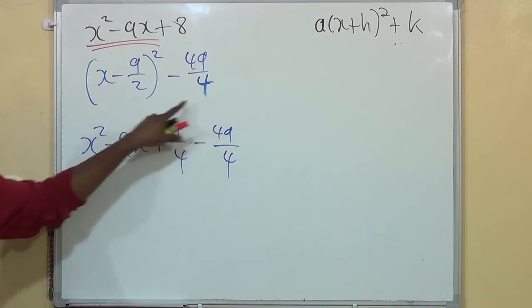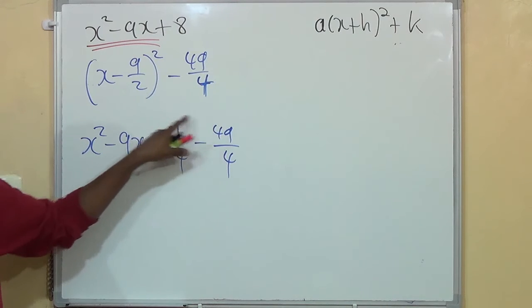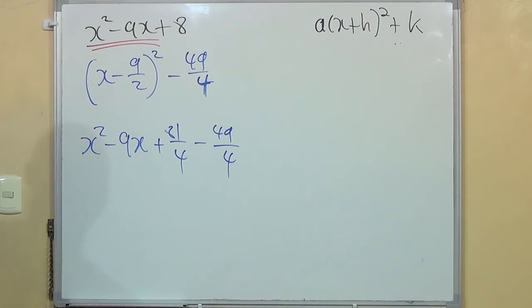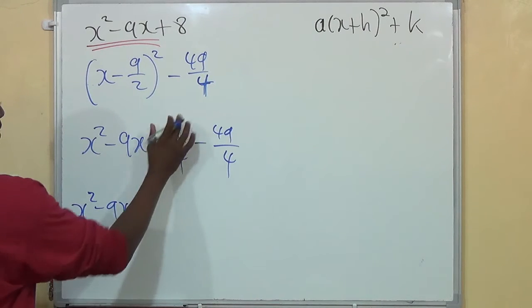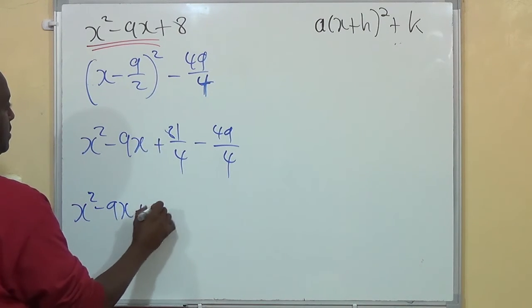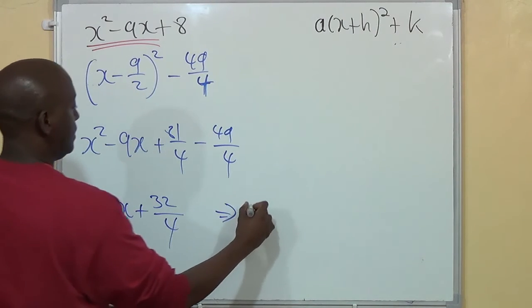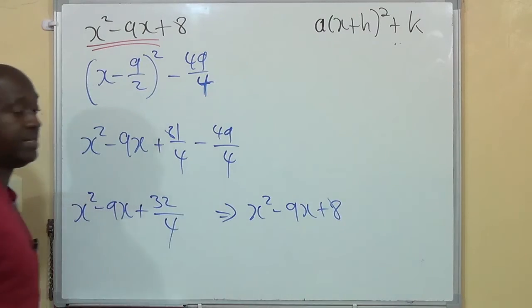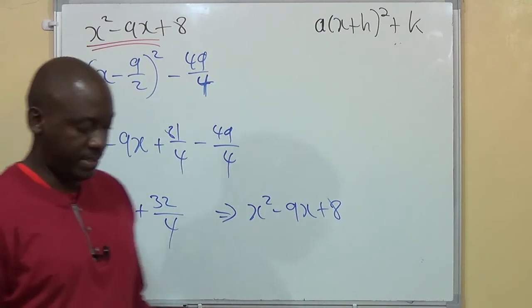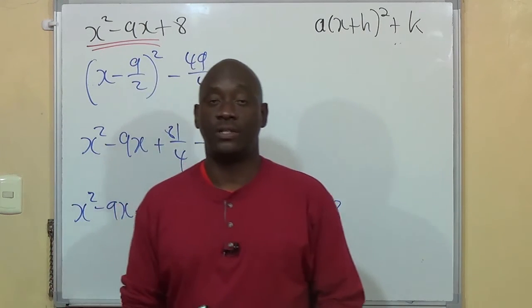So in interacting these two fractions, all we need to do is just perform the arithmetic at the level of the numerator, so that we will now have x squared minus 9x, 81 minus 49 is, plus 32 over 4, and we know that 32 over 4 is our good friend 8, and that, ladies and gentlemen, boys and girls, is the solution worked backwards.